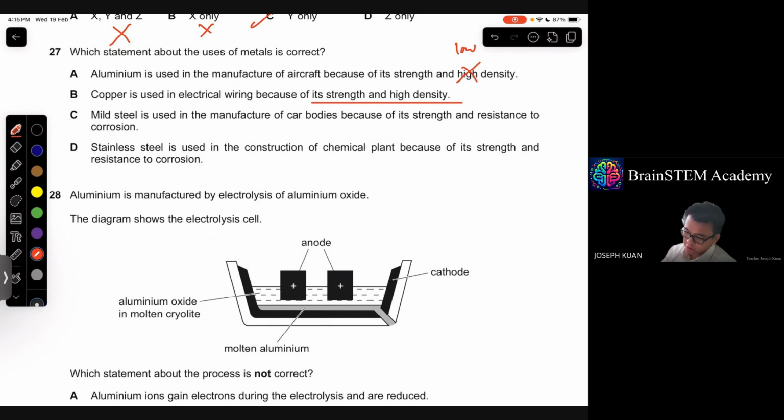Whereas stainless steel is used in the construction of chemical plant because of its strength and resistance to corrosion. I think the best answer is D. Mild steel is not as strong as stainless steel. So the best answer here is D because stainless steel is made with the intention of it being strong and also resistant to corrosion.